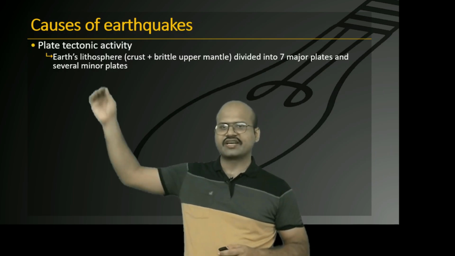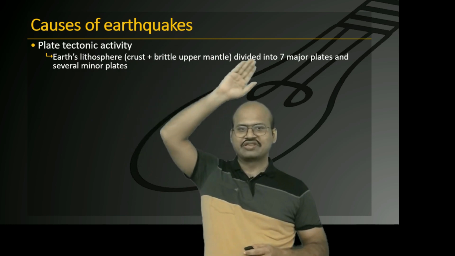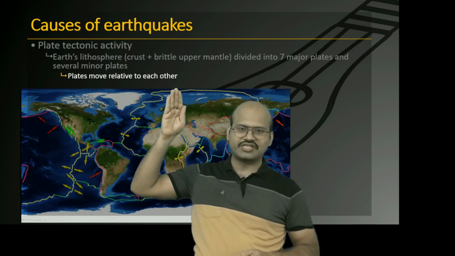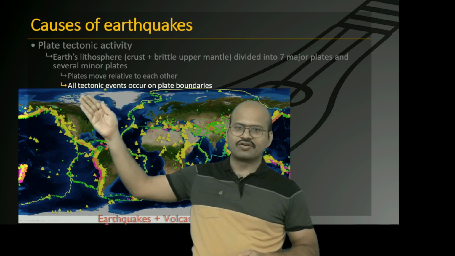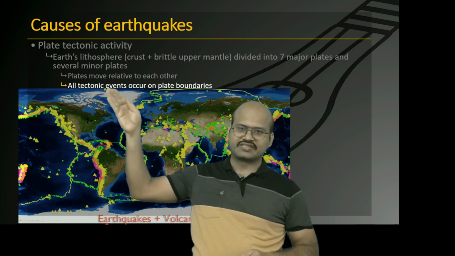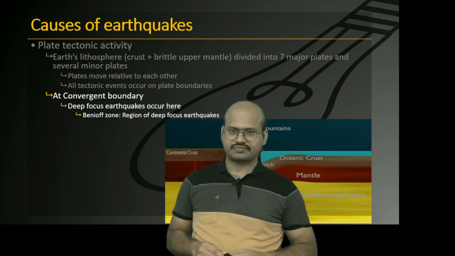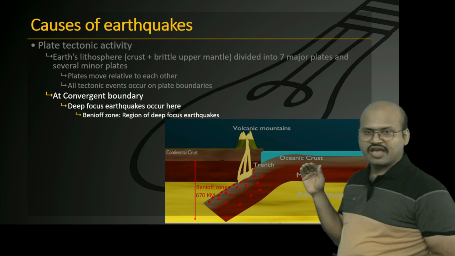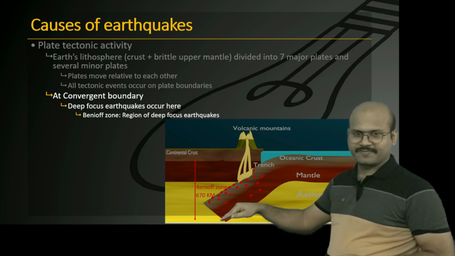We have already seen that our Earth's lithosphere is divided into 7 major plates and several minor plates. Plates move relative to each other, and therefore there are tectonic events at the plate boundaries. At the convergent boundary, we see that an oceanic plate here is subducting.